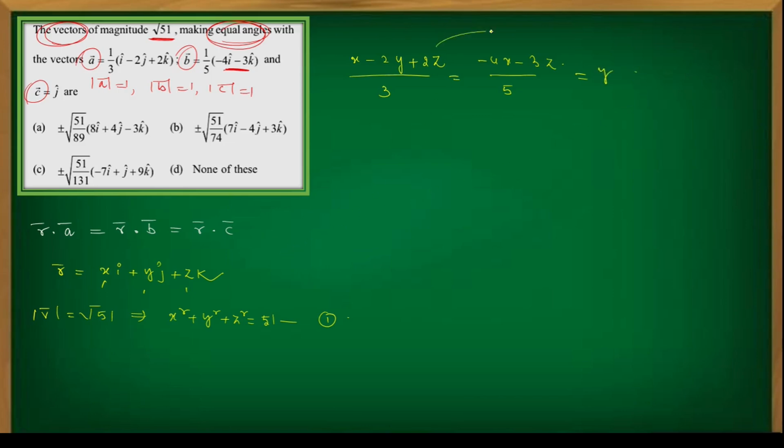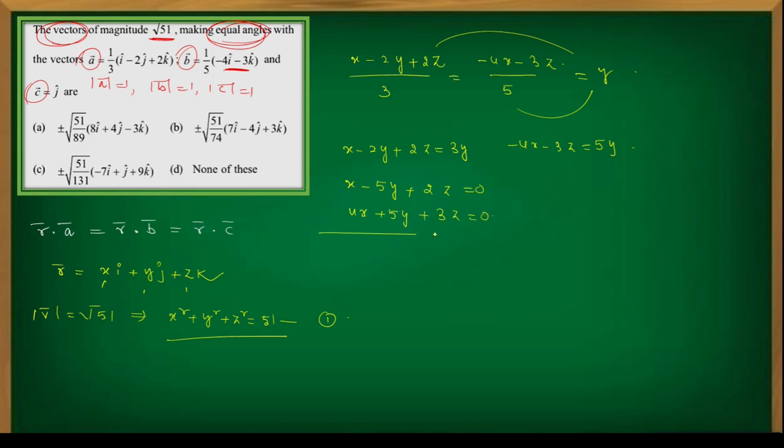So if you equate these two and utilize them here. For example, x minus 2y plus 2z is equal to 3y, and one more is minus 4x minus 3z is equal to 5y. Correct? So this one, x minus 5y plus 2z is equal to 0. From this, plus 4x plus 5y plus 3z is equal to 0.